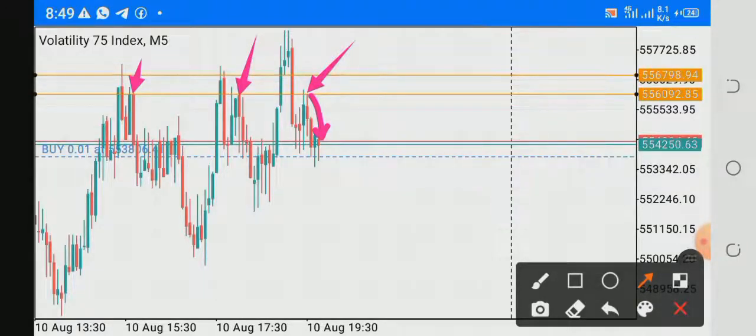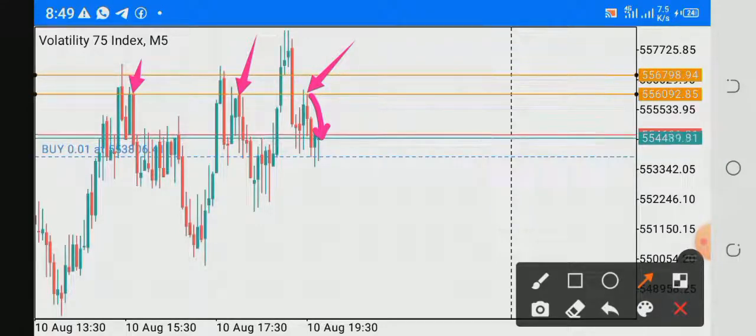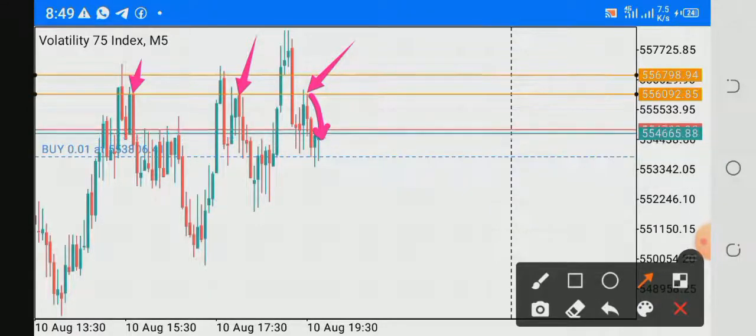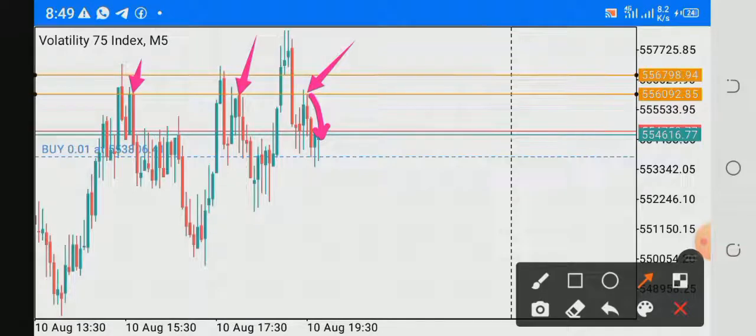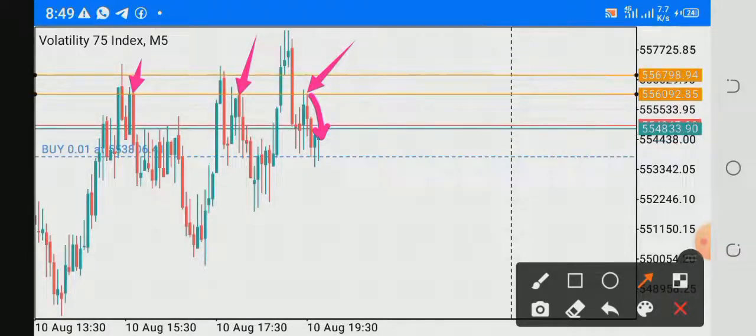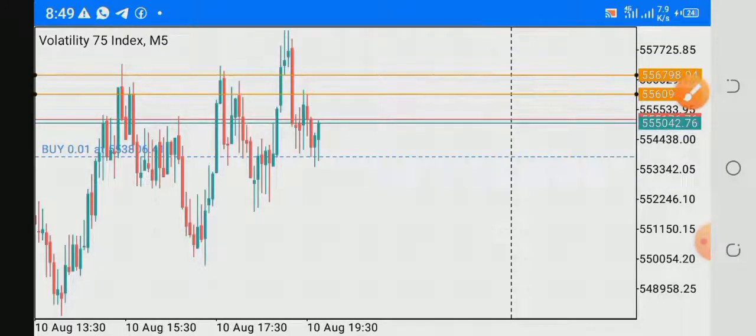Look very well, you discover that once the price gets to that line, the price respects that line. It doesn't break out of that line easily. So once you see this kind of line, once you're able to draw the line perfectly, then you are good to go in the trading. Now we have our resistance 2.